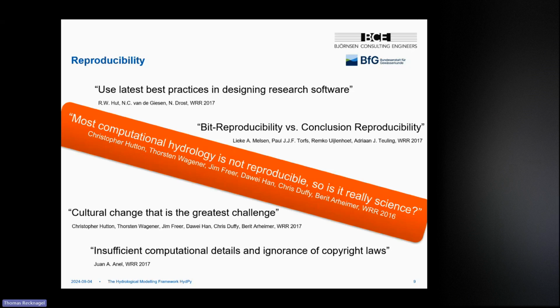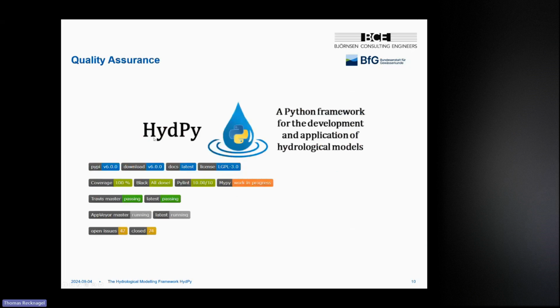And yeah, HydPy is definitely a great tool for improving reproducibility of hydrological workflows. So here are some points why. First, of course, it's on GitHub, so all ever published versions are and will stay available. If you need older versions, for example, to reproduce old code.